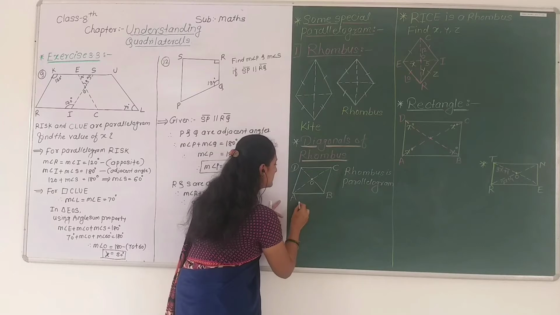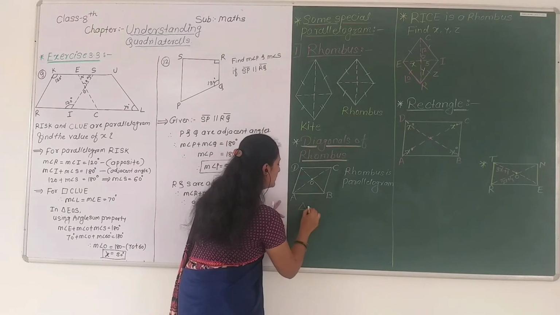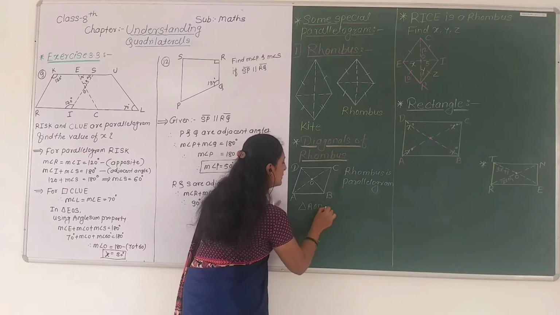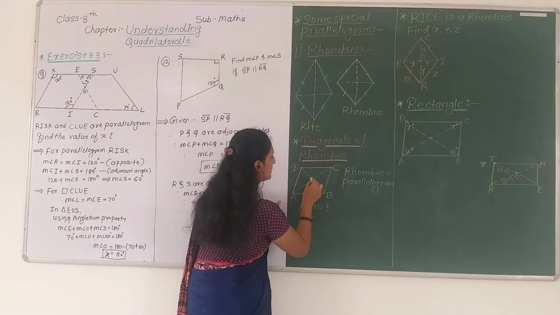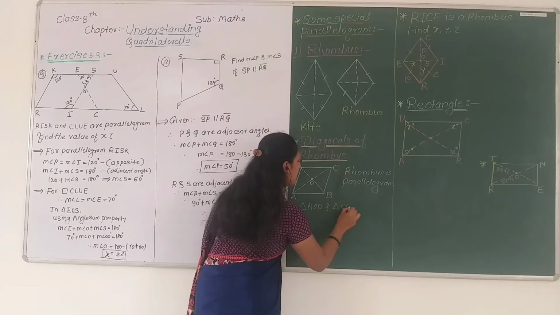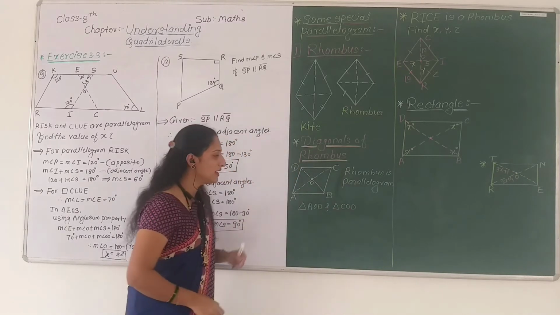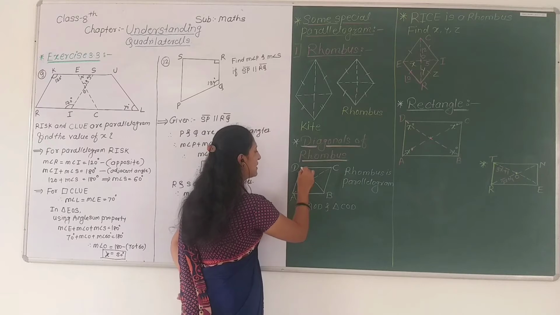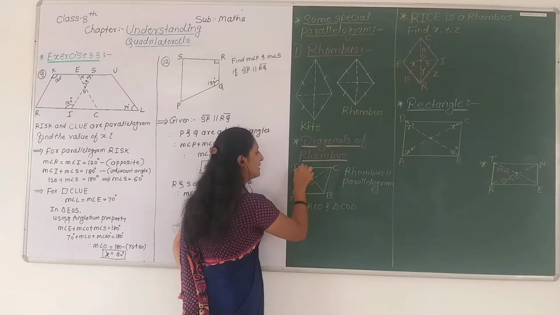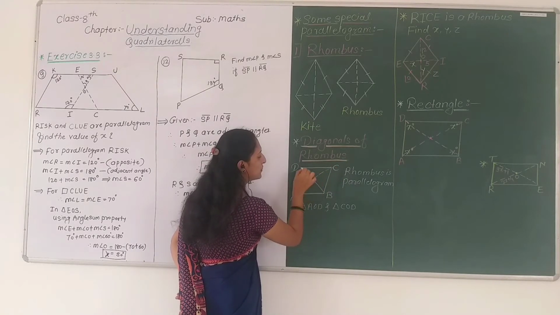So here we consider two triangles, triangle AOD and triangle COD. Okay, now look at these two triangles, triangle AOD and triangle COD.